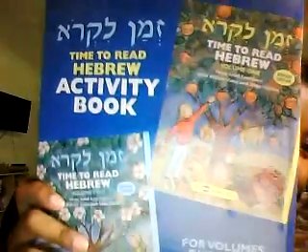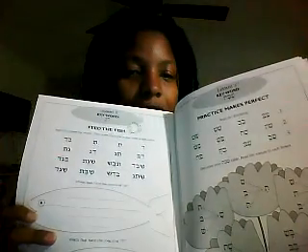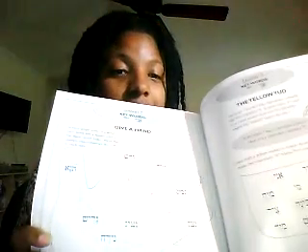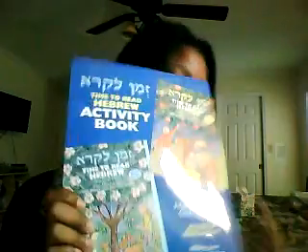And the first workbook I showed you is the activity book to that first book. It has things like hidden pictures, and I just copied those because I didn't want to have to buy 3 for the kids. See those? It's a really fun set.